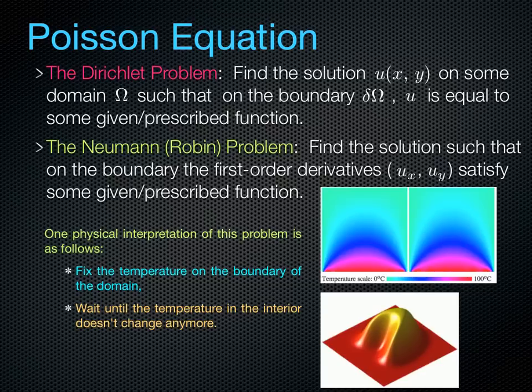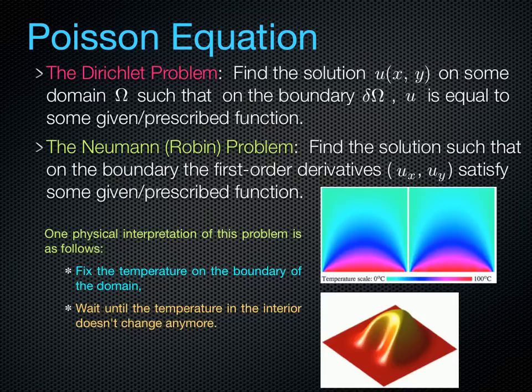One physical interpretation of this problem, the Poisson or Laplace problem, is as follows. For example, you can fix the temperature on the boundary of a heat-conducting domain, and then wait until the temperature in the interior doesn't change anymore because it's being diffused, and you reach a steady state.